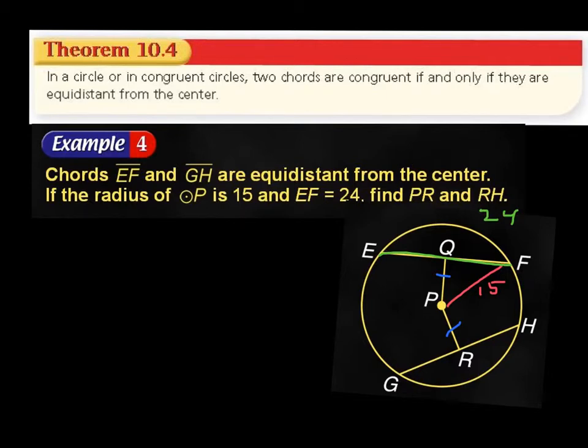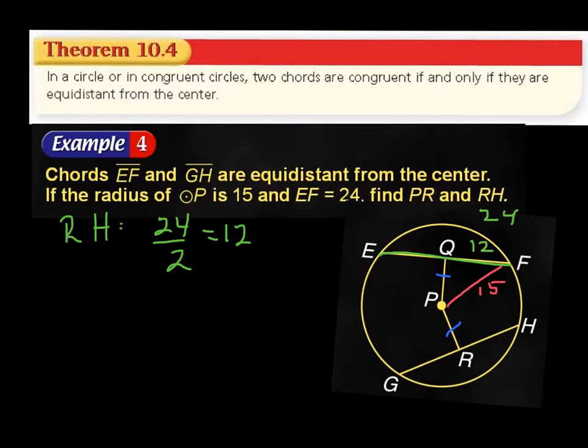I'm going to go out of order here because we already know what RH is going to be. Since they are equidistant, EF is equal in length to GH, so to get RH, all we have to do is take 24 divided by 2. We don't usually do that, but it was so easy we had to. So QF, RH, GR, EQ are all 12.